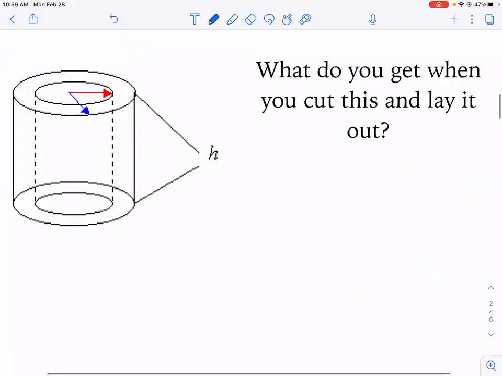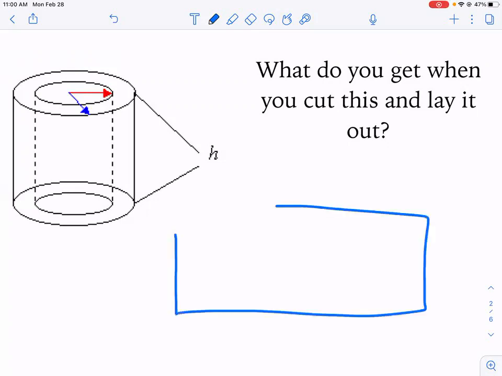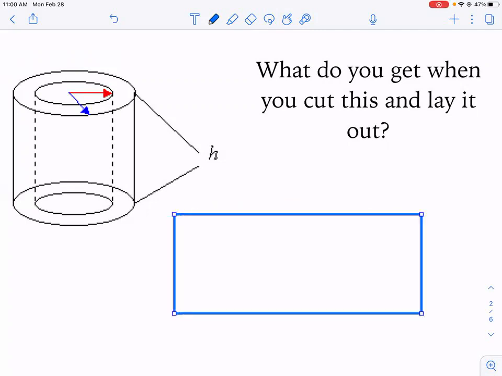All right, so let's talk about this cylindrical shell. Let's imagine that I cut it and lay it out. But it's three-dimensional. So if this is the height, then what is this length?